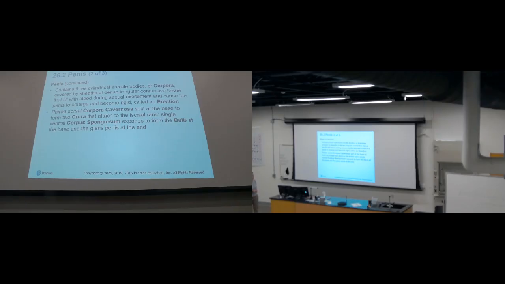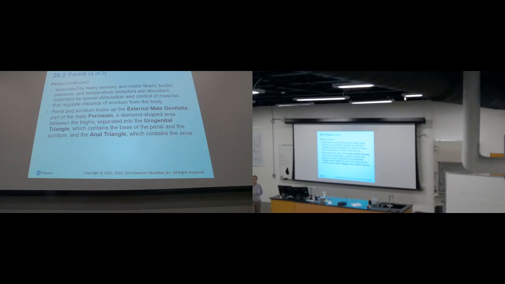And then the corpora cavernosa is split at the base, forming 2 crura, which basically attach the base to the ischial rami of the coxal bone. And then you have there as well the corpus spongiosum, the starting point of the corpus spongiosum.